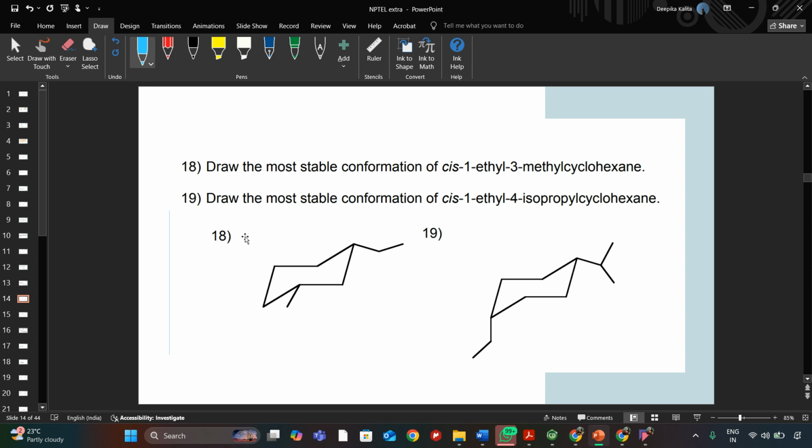So the first question says, draw the most stable conformation of cis 1-ethyl-3-methylcyclohexane. So we will first draw the parent carbon chain, which is the cyclohexane molecule. And as we know, the chair conformation is the most stable conformation for cyclohexane. So we will start with that.